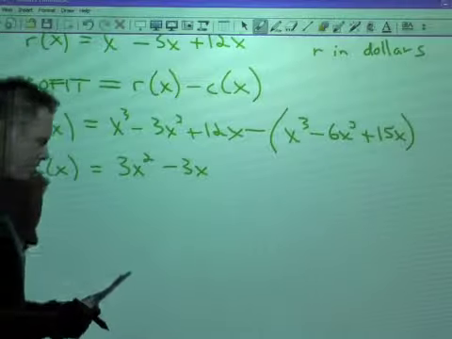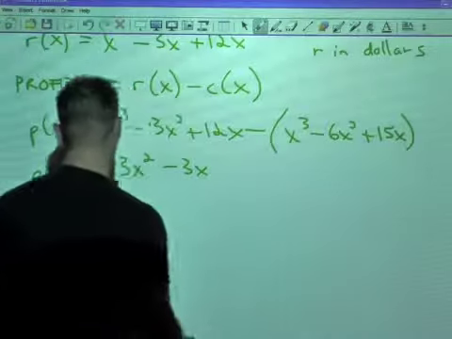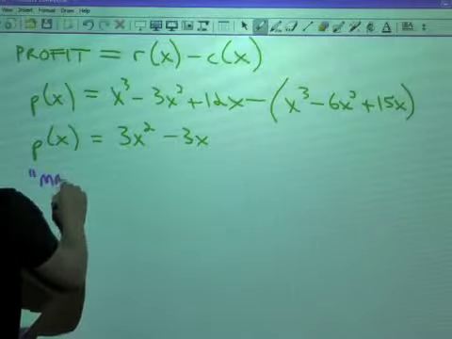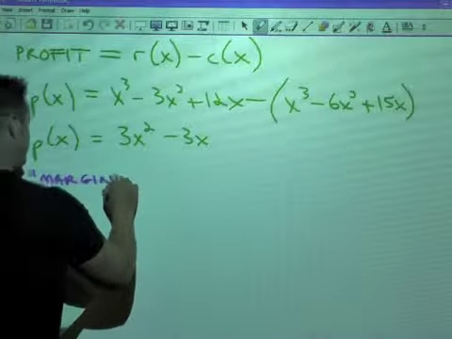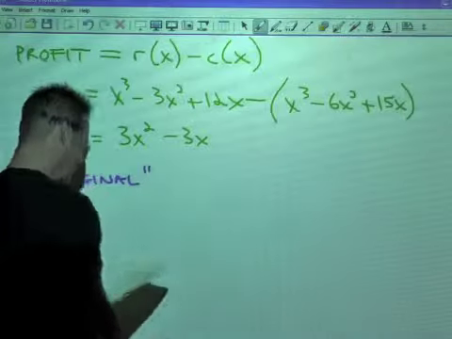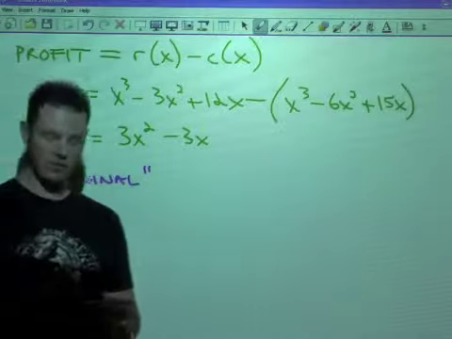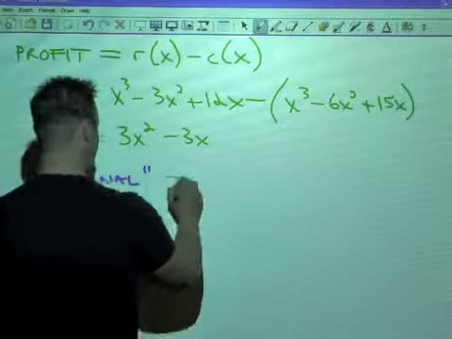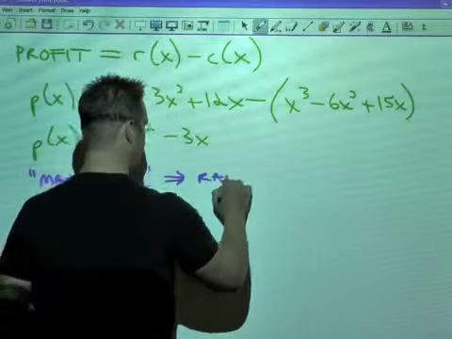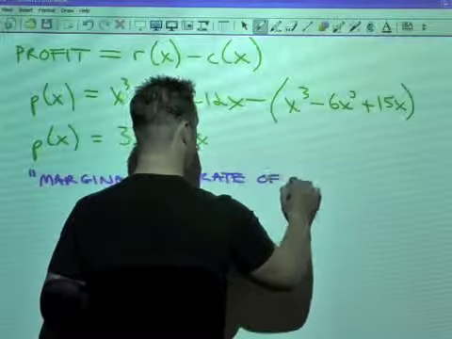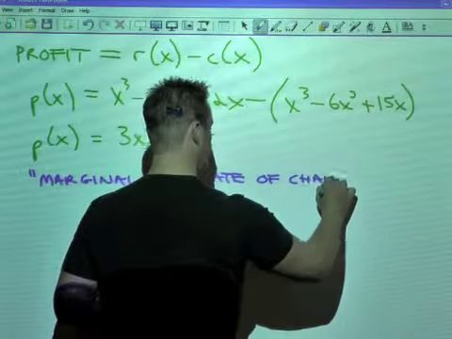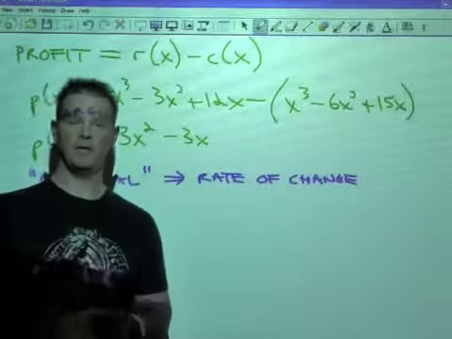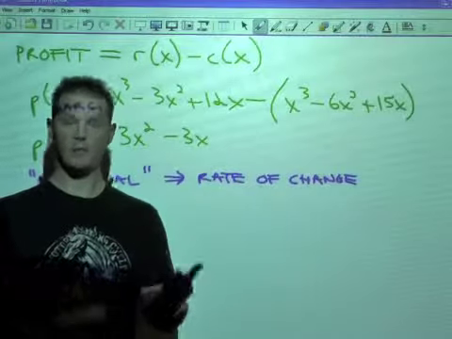Okay? Now there's a word in business called marginal. Like marginal cost, marginal revenue, marginal profit. Marginal basically implies rate of change, or derivative. So marginal profit would be, what's the rate of change of your profit?